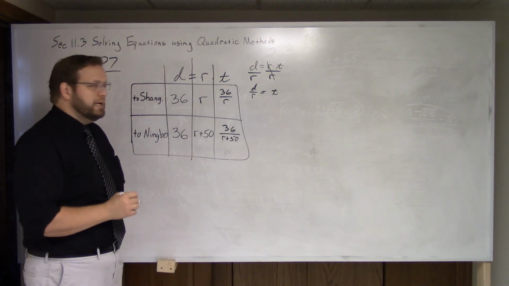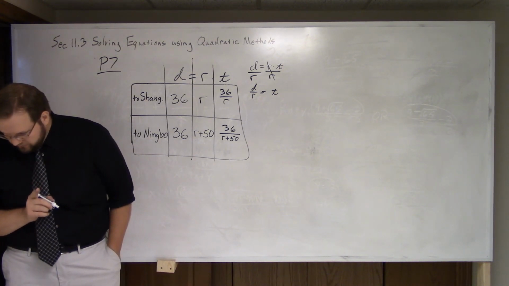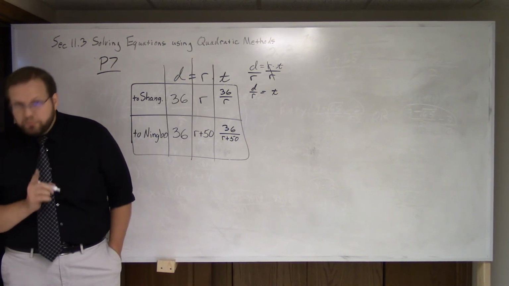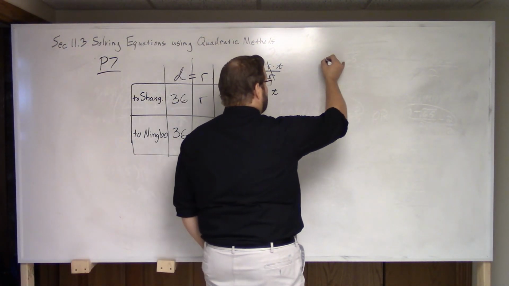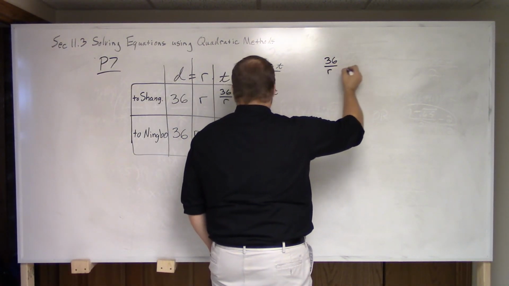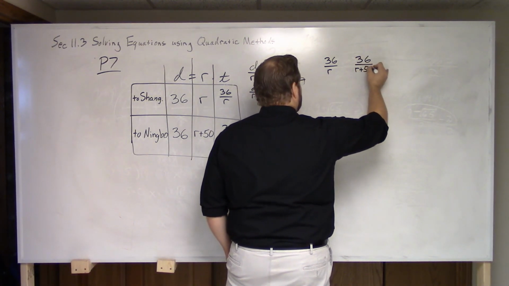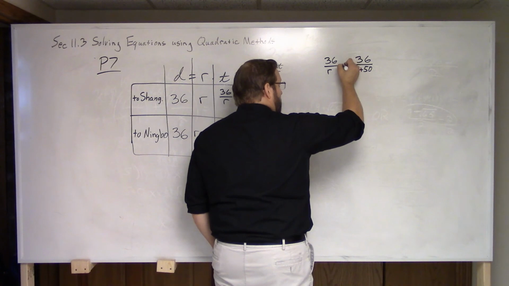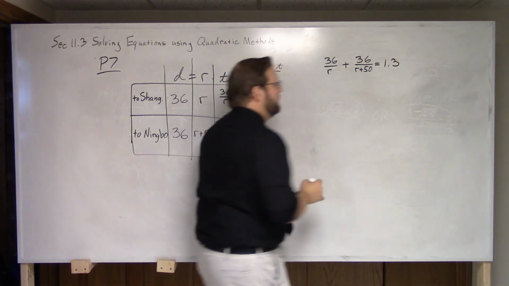Okay, now what did they say about the time? The total time for travel was 1.3 hours. So when I take the time he traveled in the morning and the time he traveled in the evening, total, he was traveling for 1.3 hours.